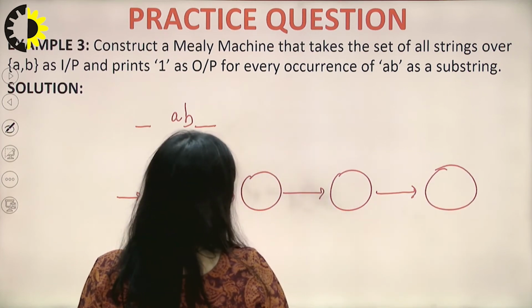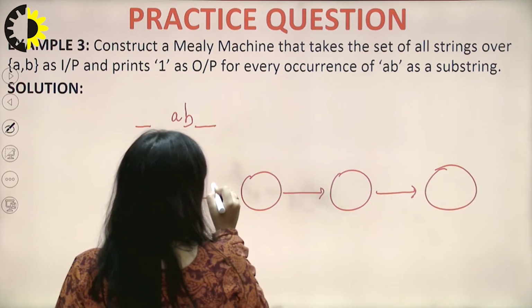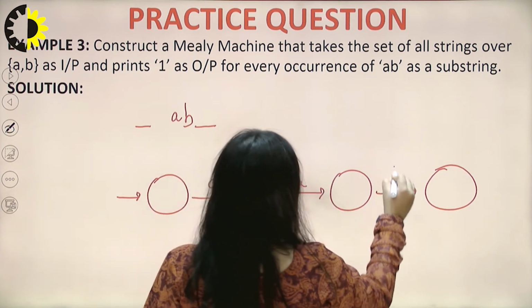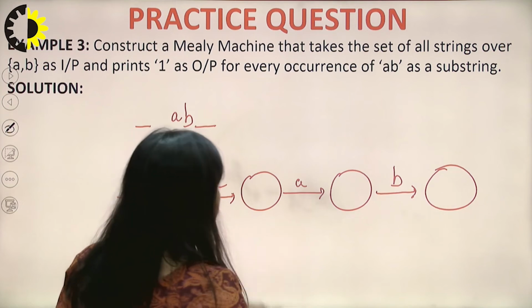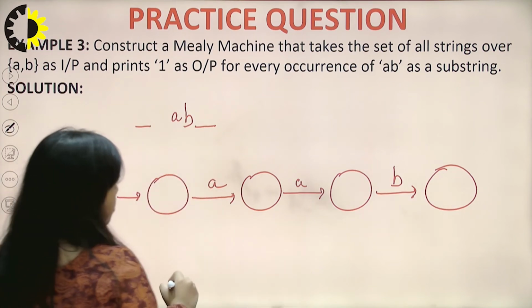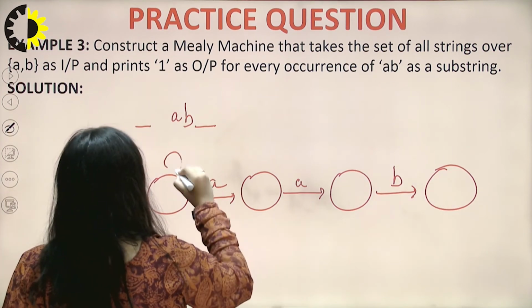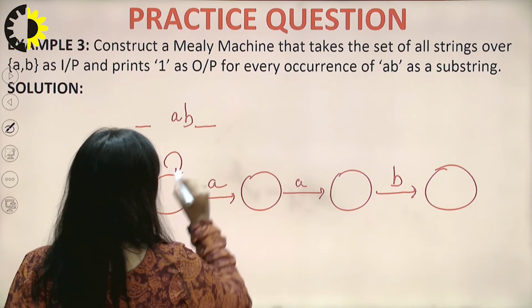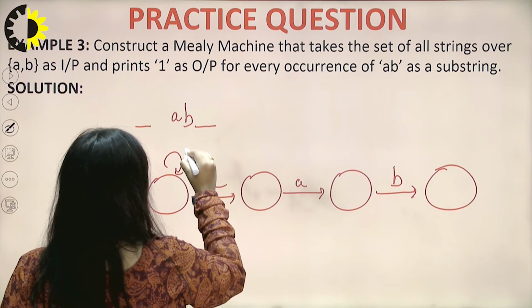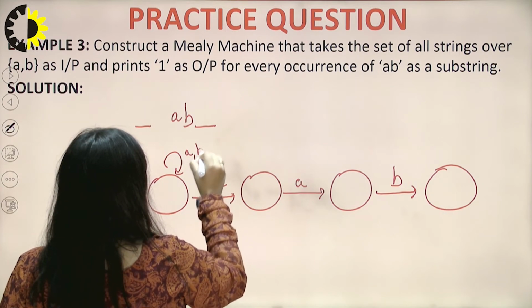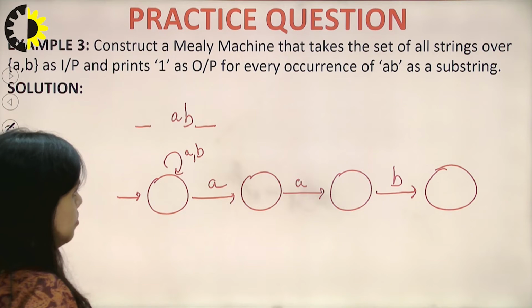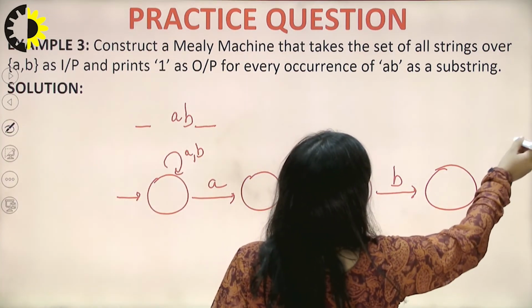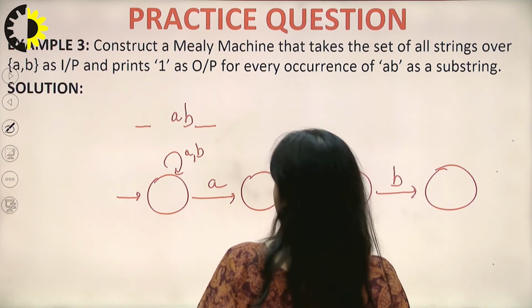Okay, so we give it AB as a substring. Just hold on, I think I drew one extra state.